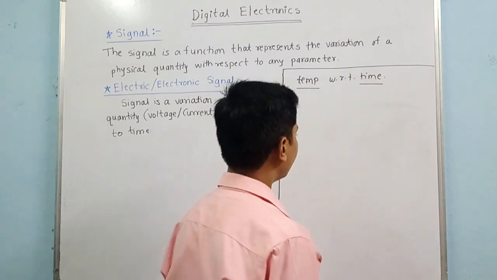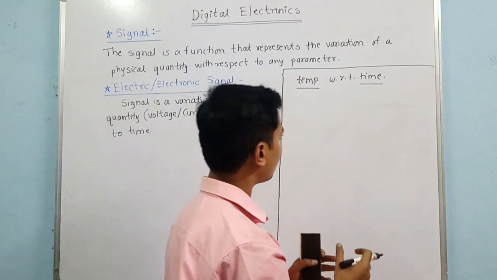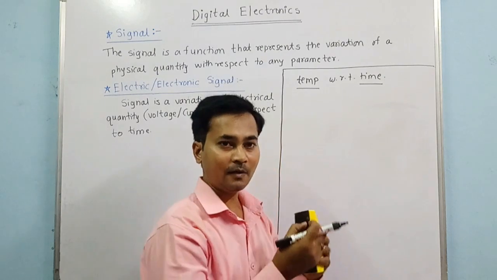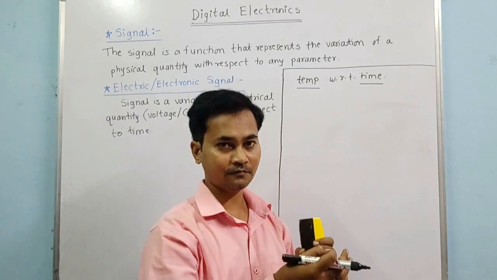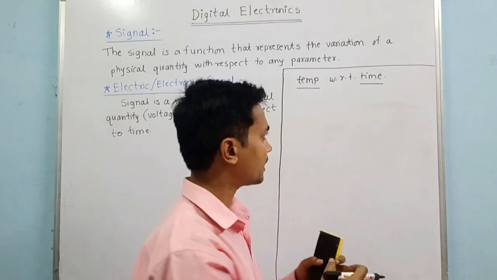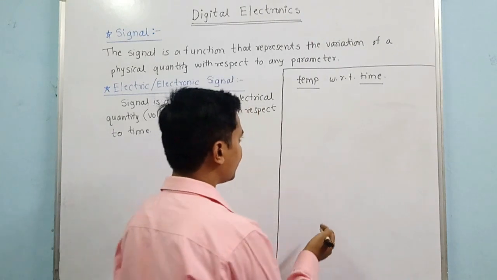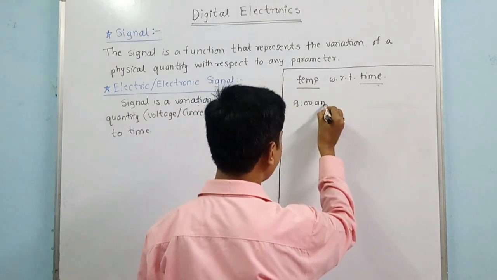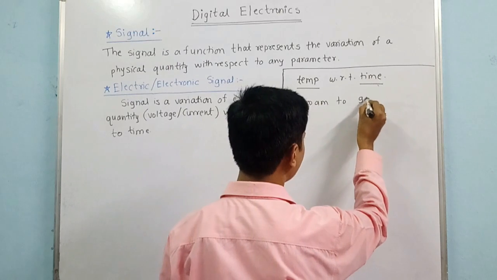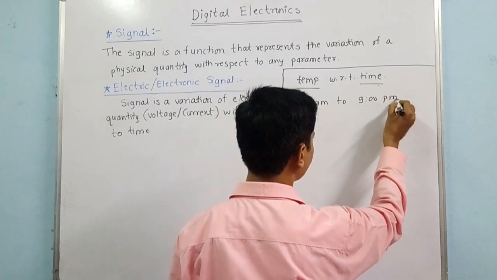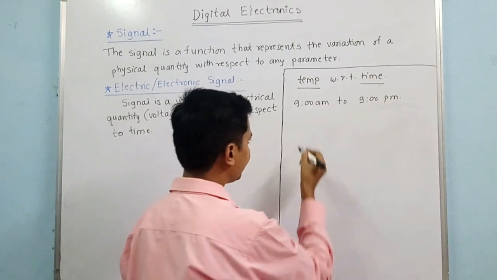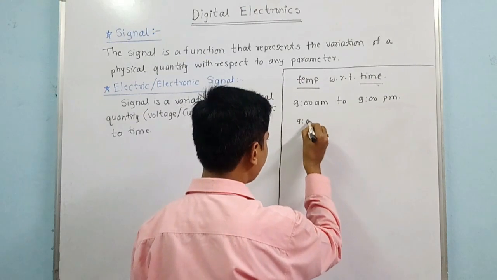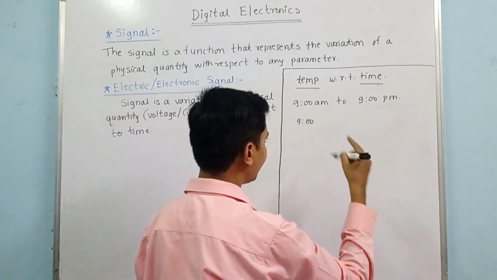Consider that I want to record the temperature of each and every minute, and I want to consider 9 a.m. to 9 p.m. I want to record each and every temperature value after each and every minute.